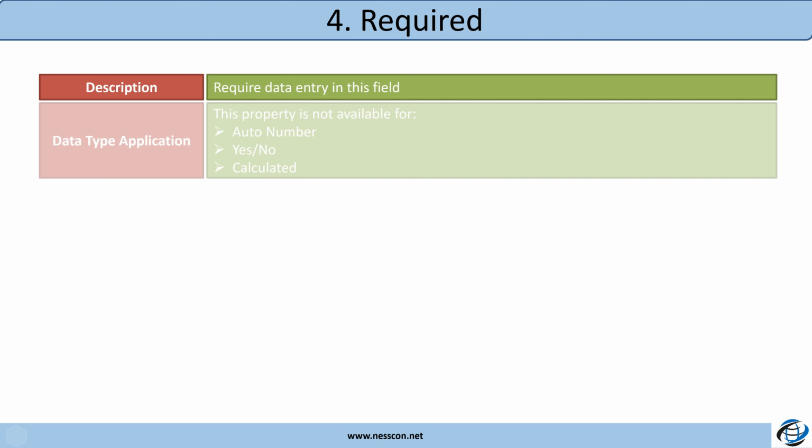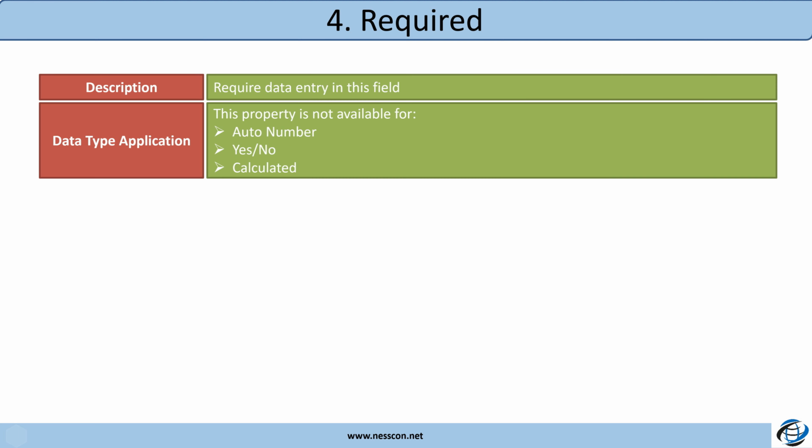Because if you select this data type as auto number, in sequential order, let's say 1 2 3 4, then it will always appear. You cannot skip this data entry. Yes, no must have either yes or no, and the calculated data type will always calculate something and put that value into that field. So required is not applicable to these three data types.